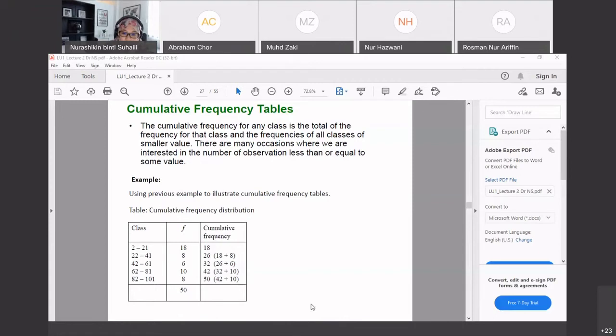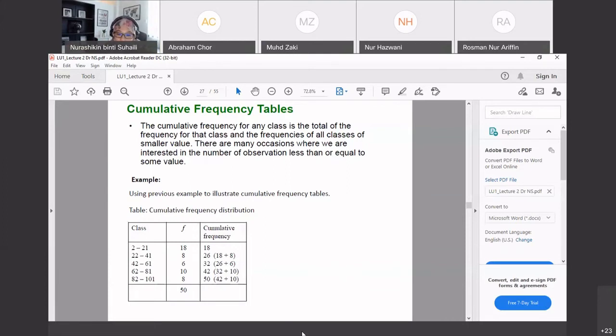So this is what we call group data. Instead of just having class 1, 2, 3, 4, this one is from 2 to 21, so it's group data. Between 2 and 21, there are 18 people. This is what is meant by group data, this F up to F there.